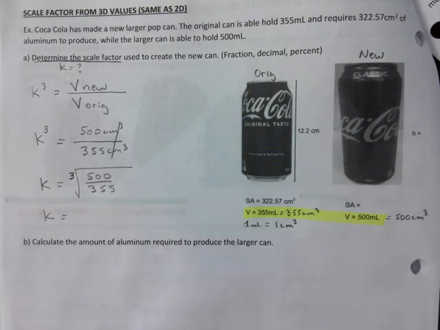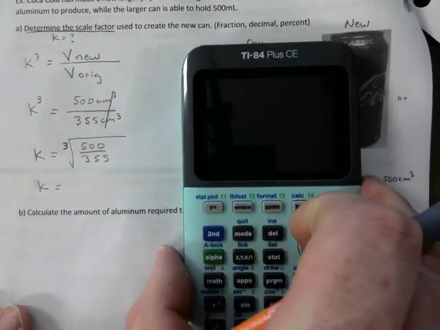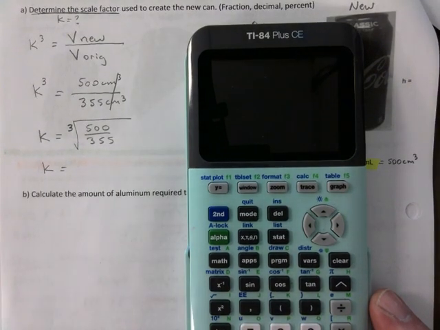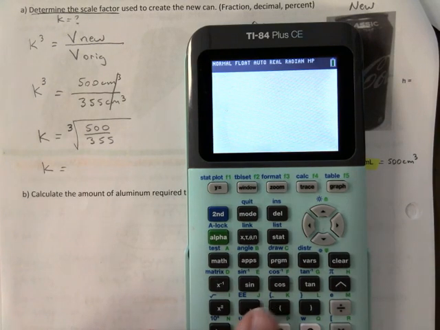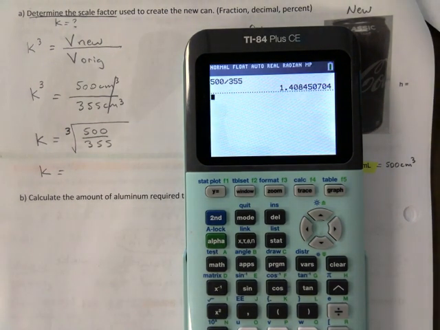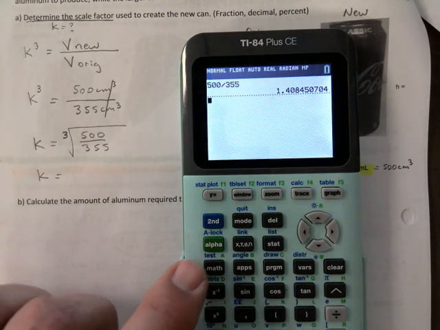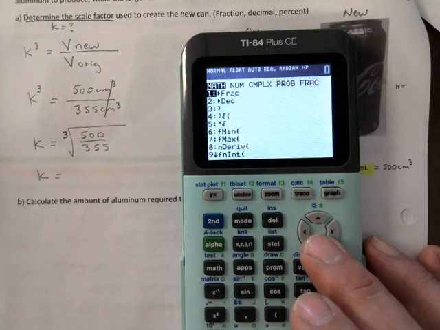And K is equal to, and this is where I need to introduce a new way of finding cube roots. It's kind of weird that they don't have a cube root button on this calculator. I don't like that. But here we go, guys. I'm going to go 500 divided by 355, like that. So I'm going to divide these, and then I take the cube root of that. So you got to press the math button, and you see cube root right there.